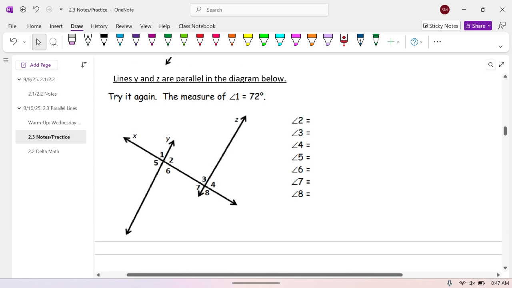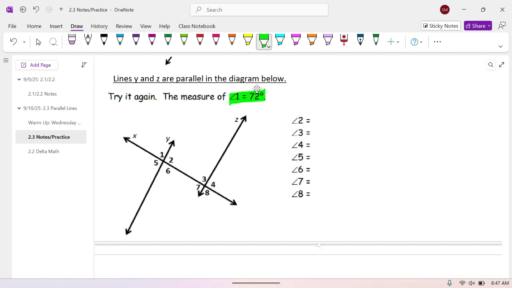Okay, so take a minute, try this one on your own. So they're saying angle 1 is 72 degrees, so this angle is 72 degrees.